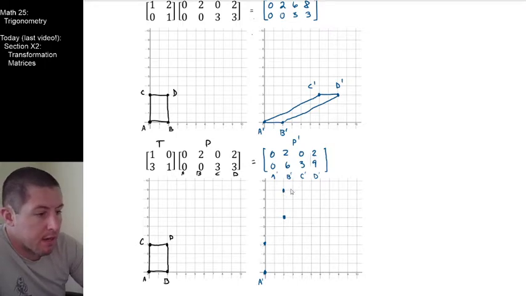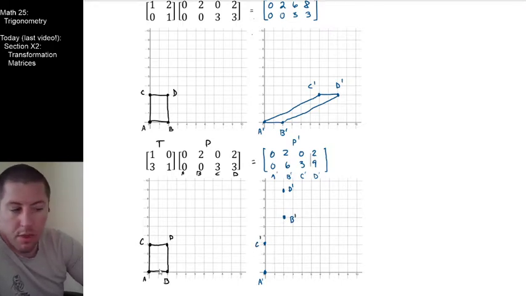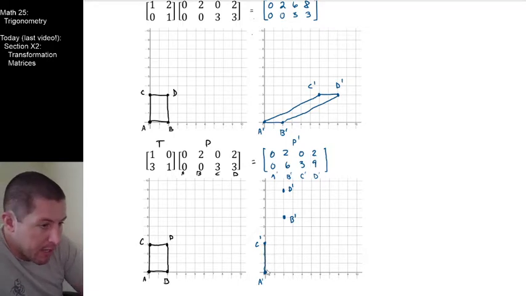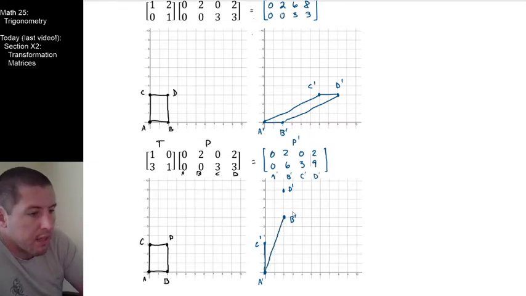So if I, again, connect my dots in the sense that we connected the dots with our original, A and C should be connected. A and B should be connected. Oh, it's hard to draw those slanted lines. D and B are connected, and C and D are connected.